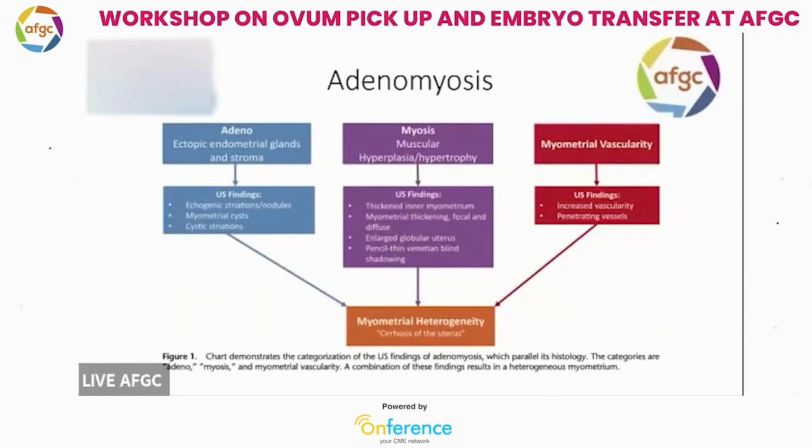So adenomyosis is basically ectopic endometrial glands, and ultrasound findings can be echogenic striation, myometrial cysts and myohyperplasia. Now this can be due to thickened inner myometrium, myometrial thickening and enlarged globular uterus. So usually the prognosis of adenomyosis depends on multiple factors.